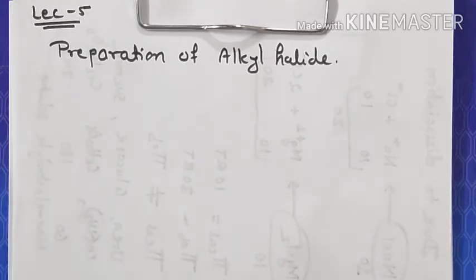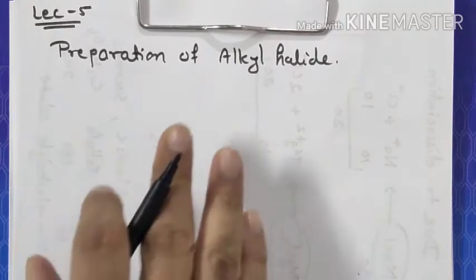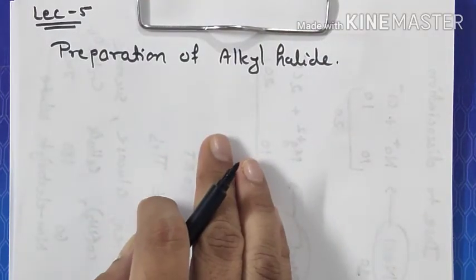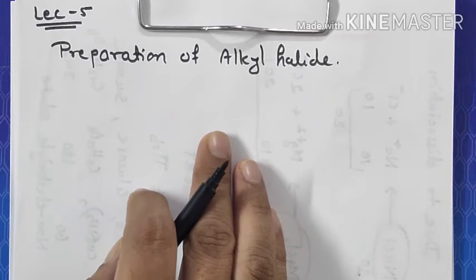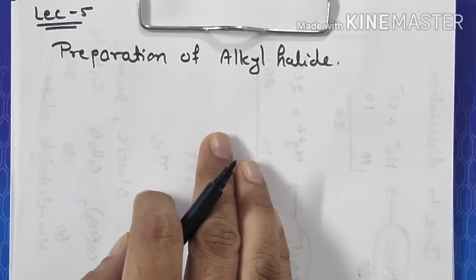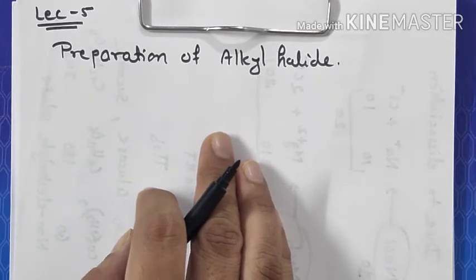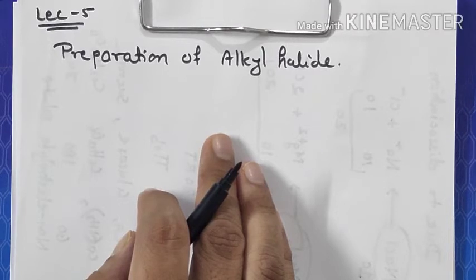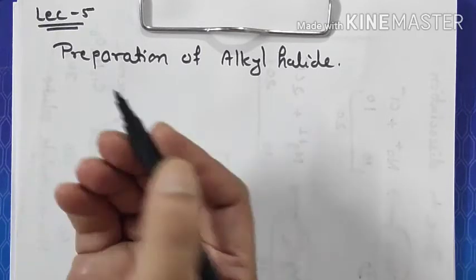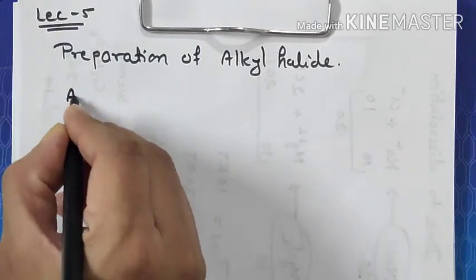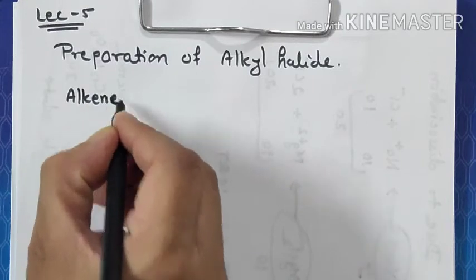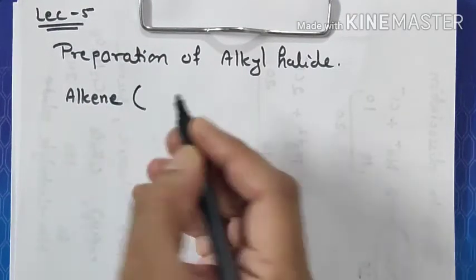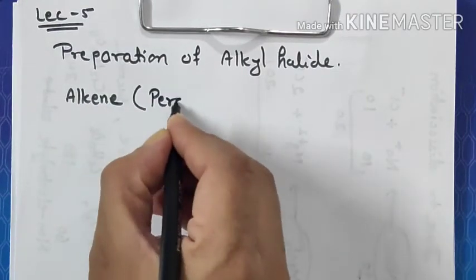In last lecture we started with alkene, and we have completed alkene of two types: one is symmetrical, the other is unsymmetrical. One more is left, that is alkene when treated with peroxide.